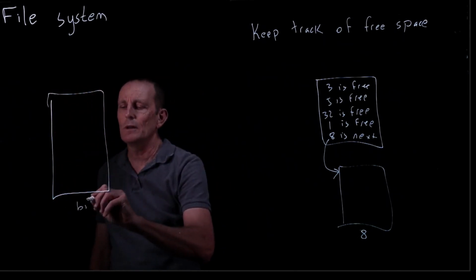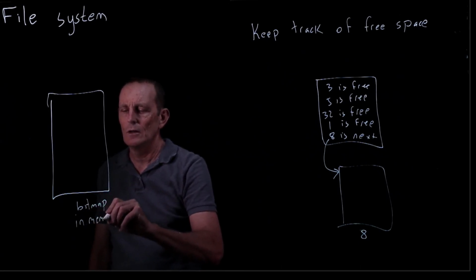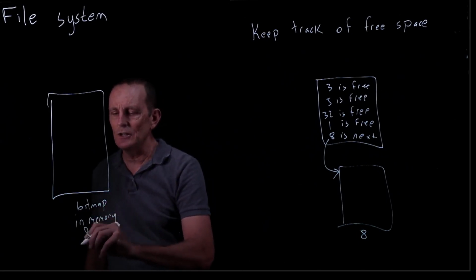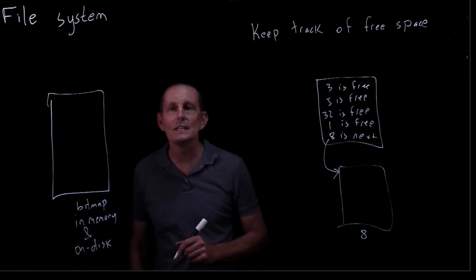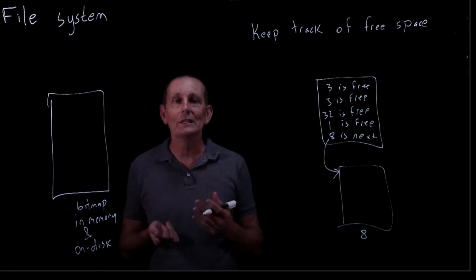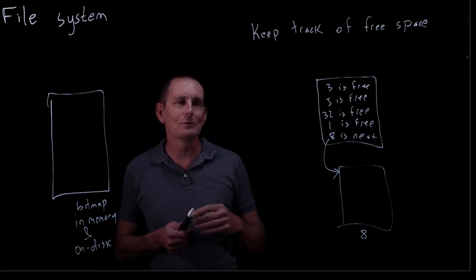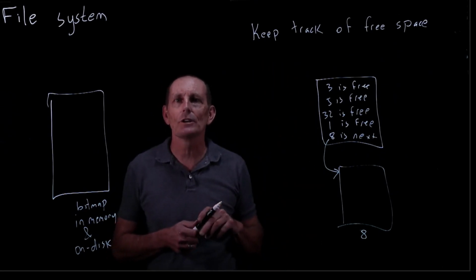Okay, so we have a big bitmap. And that's in memory. And it's also on disk. It's on disk because when we shut down the machine, it's really important that when we come back up again, we know what blocks are free. And we don't really want to search through every block in the disk to try and figure out whether it's free or not.